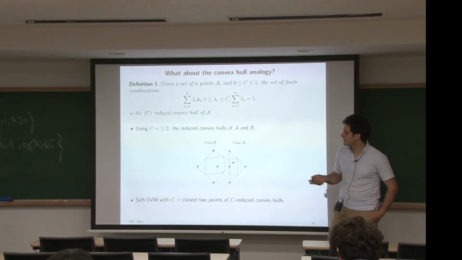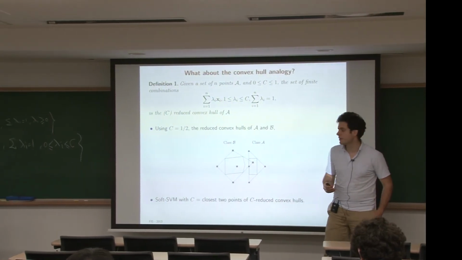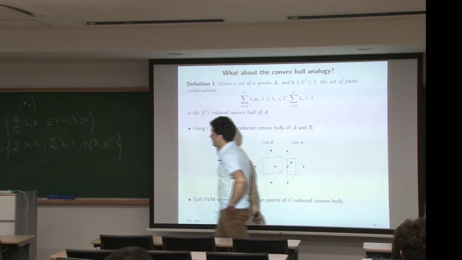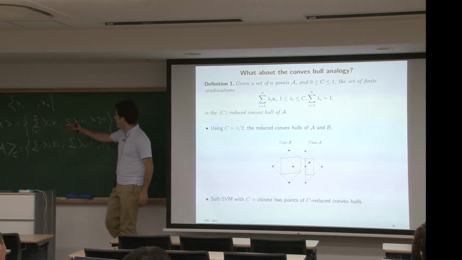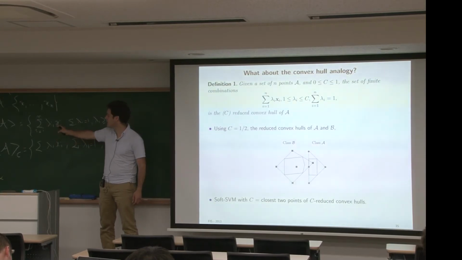So lambda i in the first convex hull here can be equal to 1, meaning, for instance, if I set lambda n equals 1 and all the others equal to 0, then I will recover x_n.